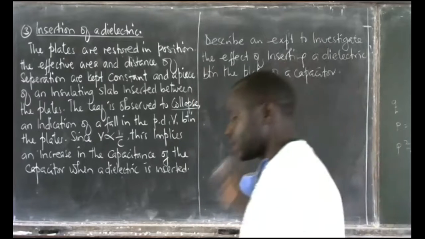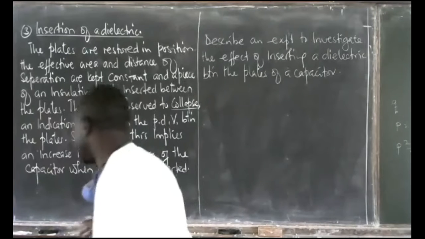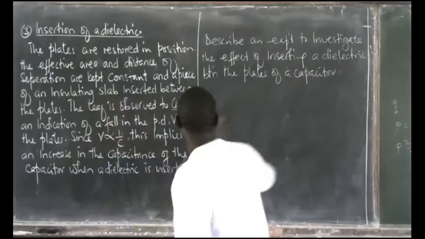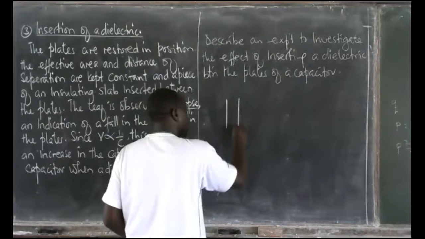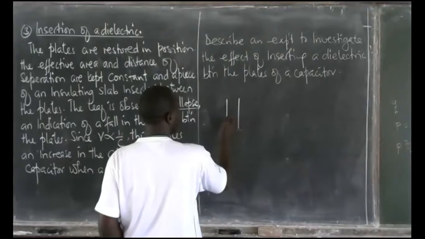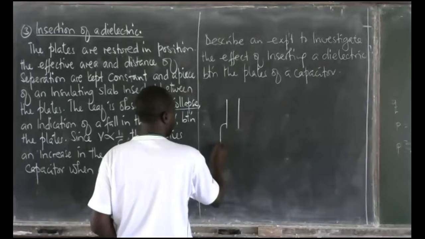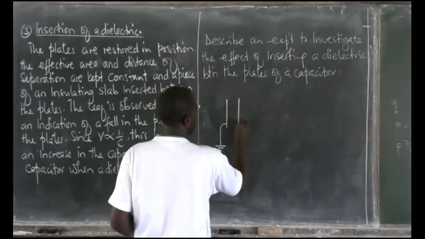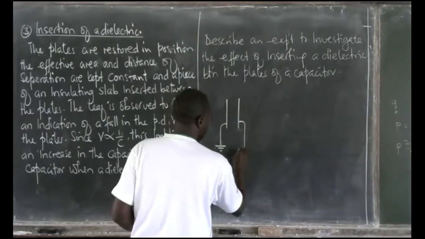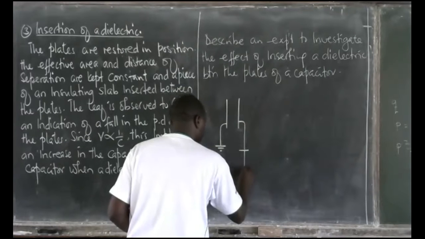But if it is like this, probably if it is with the aid of a diagram, then there will be need to draw our diagram again. We first draw the diagram. Still one plate is earthed, and then the other is connected to a gold leaf electroscope.